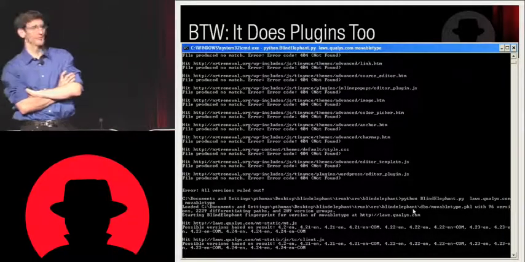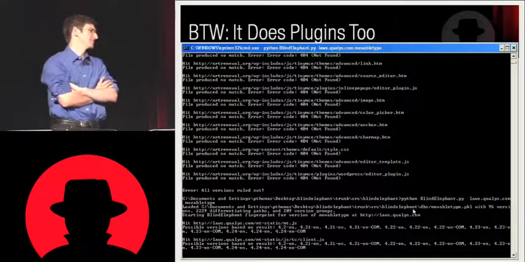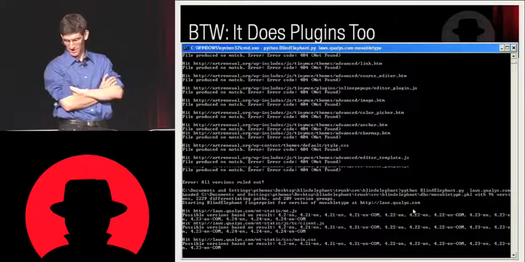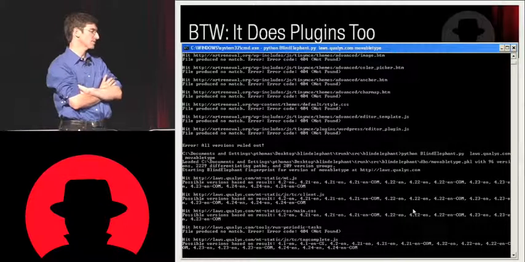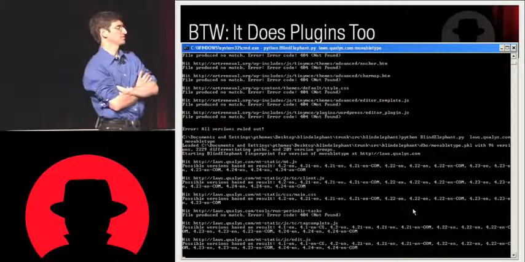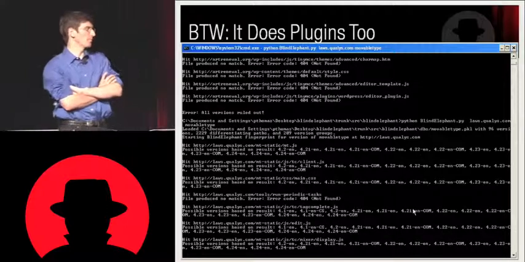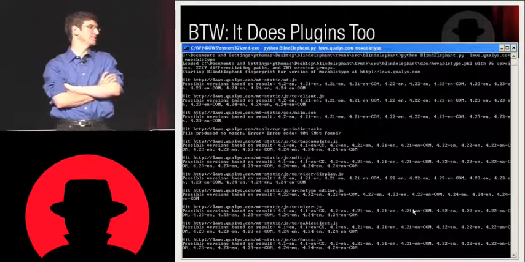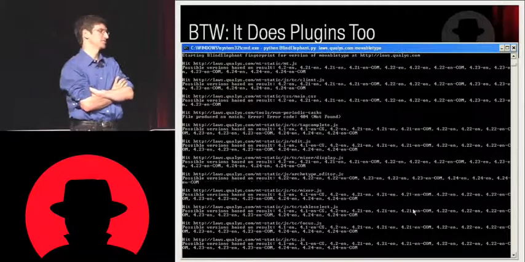So this is the one that you just saw on the slides, but it's a little bit slow over here. I think I'm running over a VPN actually. So here's each of those version sets coming up. And this could be multi-threaded. Right now it isn't. We could make all these requests in parallel.